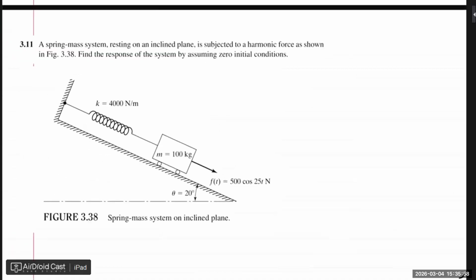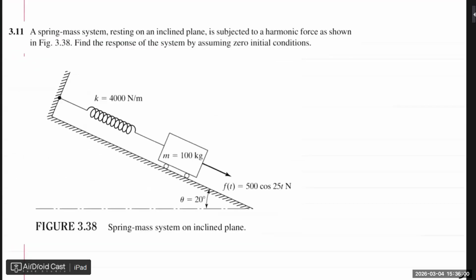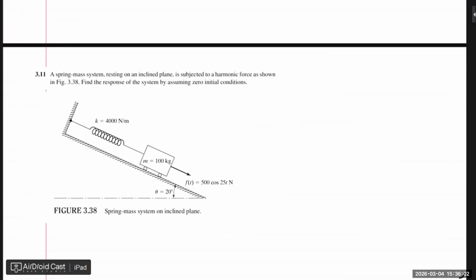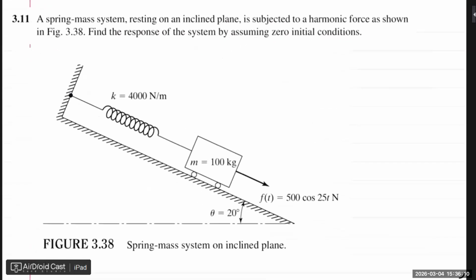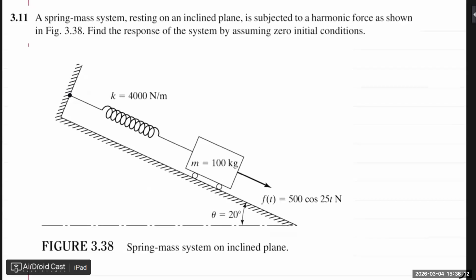Those that we don't get to, you can do on your own and ask questions. So let's have a look at this one. This is now 3.11. And this is still not a rotational one. After this one, we will get to a rotational one, and then we'll see what to do.